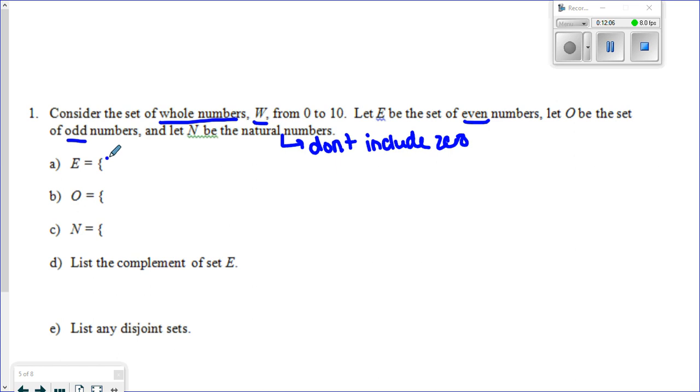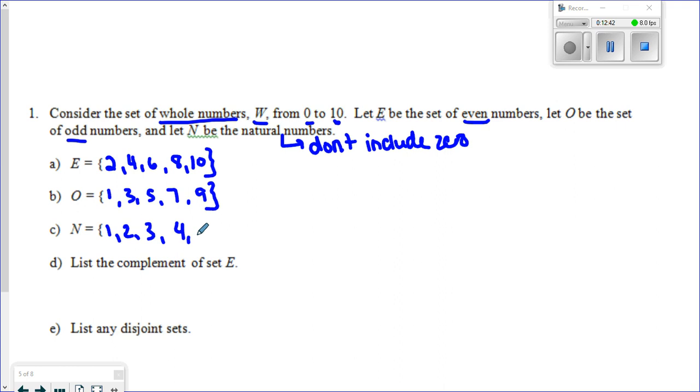So our set of even numbers would be 2, 4, 6, 8, and 10. We would include 10 but we would not include 0. We can't call 0 an even number because it's not actually divisible by 2, so we wouldn't include it within even. Our odd numbers would be 1, 3, 5, 7, and 9. Our set of natural numbers, again, is whole numbers except not 0, so we'd start with 1, 2, 3, 4, 5, 6, 7, 8, 9, and 10.